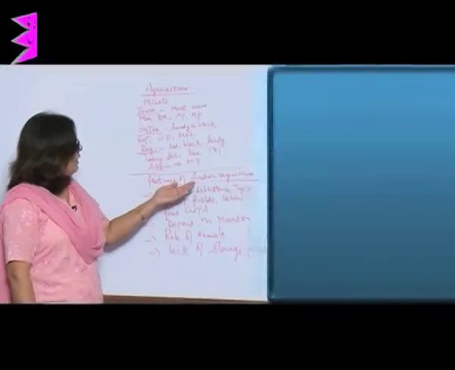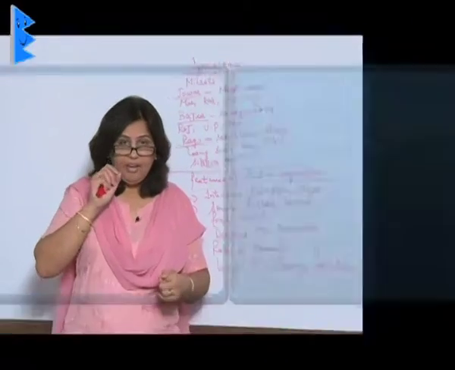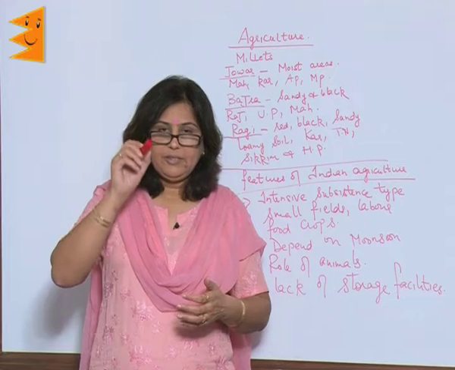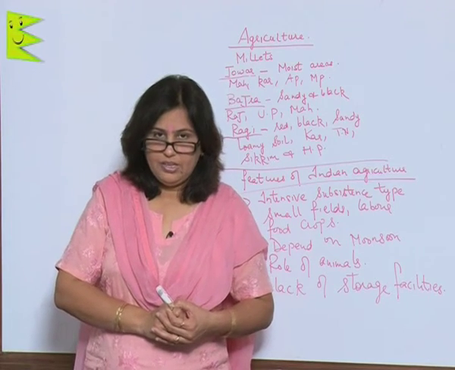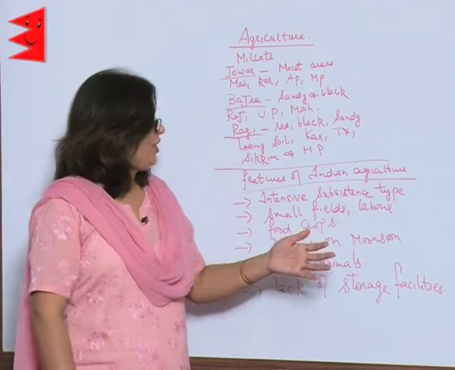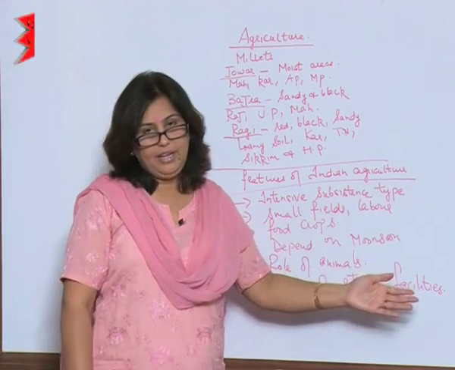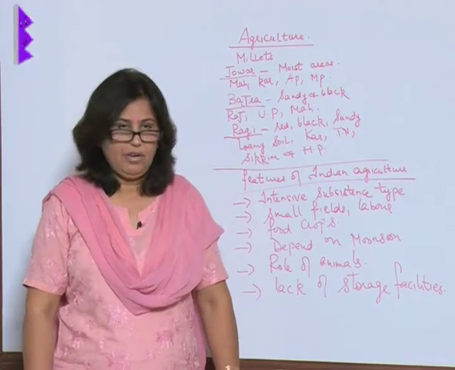Well, what are the features of Indian agriculture? Every country has specialized features of their agriculture. And in India too, we have certain features which make Indian agriculture distinct from other agricultures of the world.